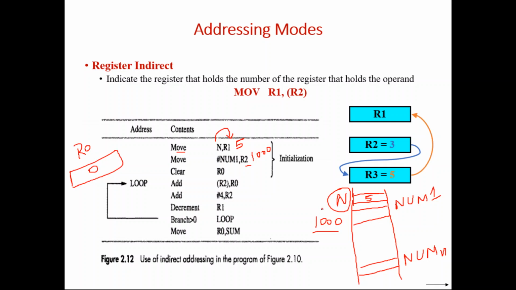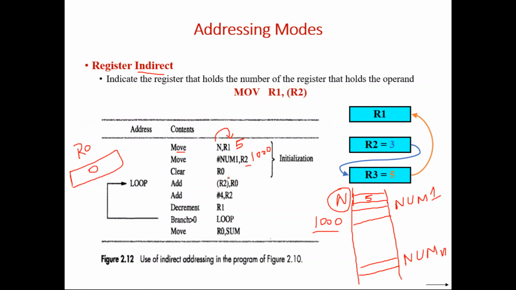Now what we are doing is add R2 comma R0. Here R2 is specified in register indirect style, but we are moving in this direction.